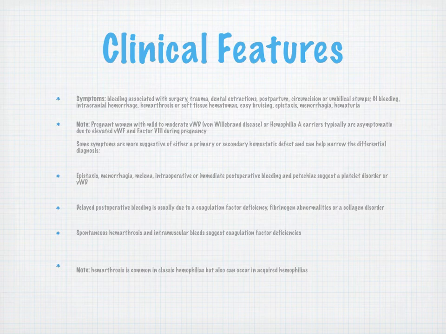And some symptoms are more suggestive of either a primary or secondary hemostatic defect and can help narrow down the differential diagnosis. And the clinical features again, epistaxis, so nosebleeds, menorrhagia, melena, intraoperative or immediate postoperative bleeding, and petechiae, those all suggest platelet disorder or von Willebrand factor disorders.